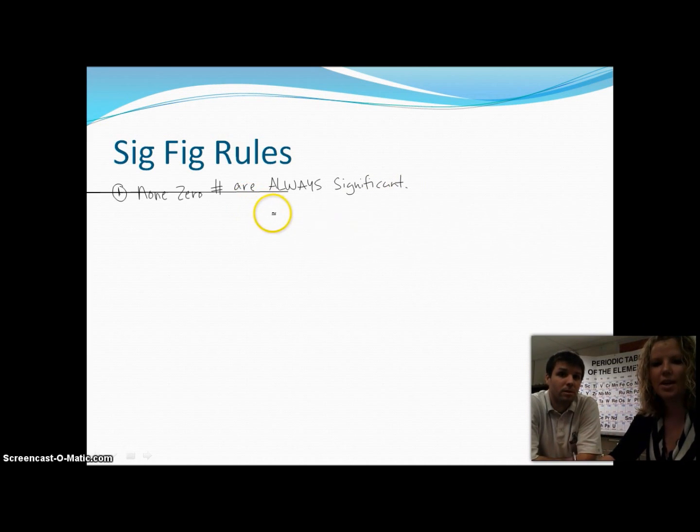So how about a number like this? Are all those significant? Those would all be significant numbers: 1, 4, 2, and 1. All significant. And how many significant numbers are there? There are 4 in that number. How about this number? There are 2, because both 1 and 2 are significant, and they're both non-zero numbers.